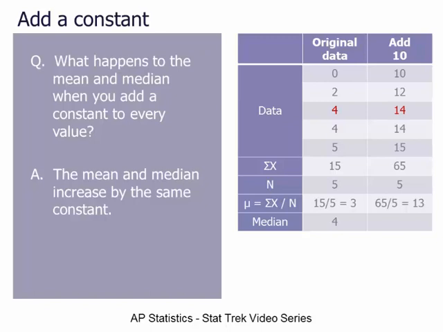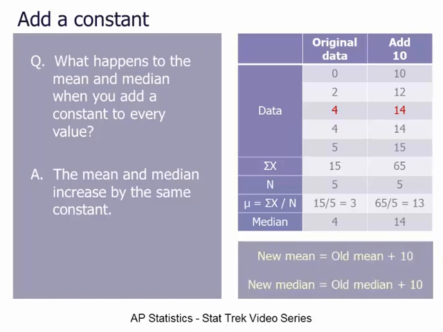So what happens to the mean and median after we added a constant, 10, to each element in the original data set? The new mean is 13, which is equal to the old mean, 3, plus the constant, 10.